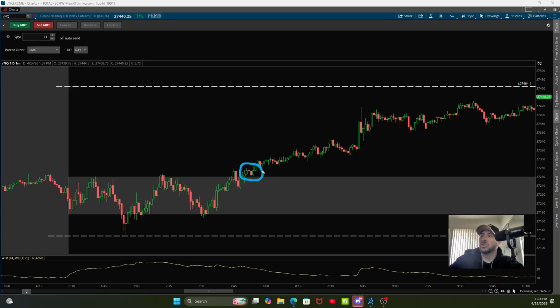Okay, so we're starting to look for our entry right here. What are the key determining factors for getting our entry filled? We've broken over the ORB, so we're bullish.